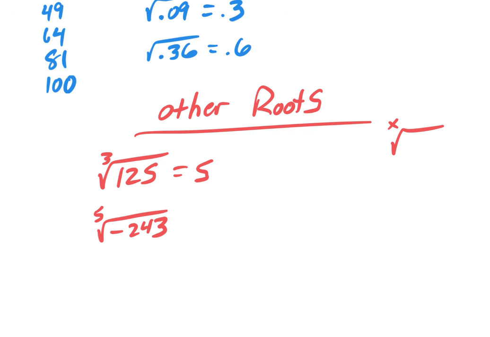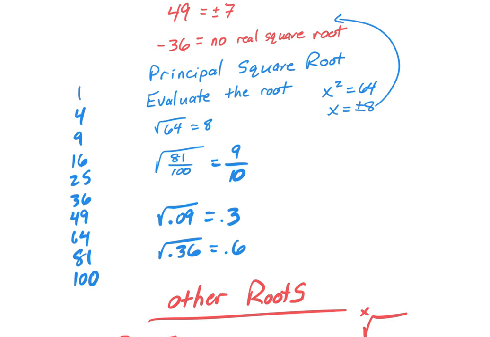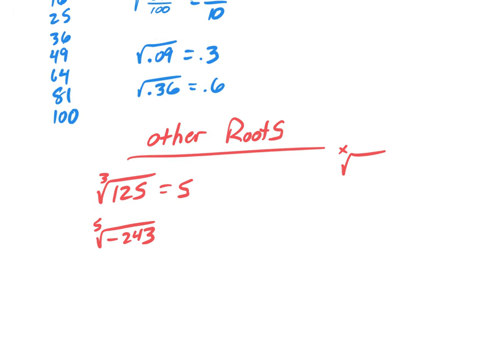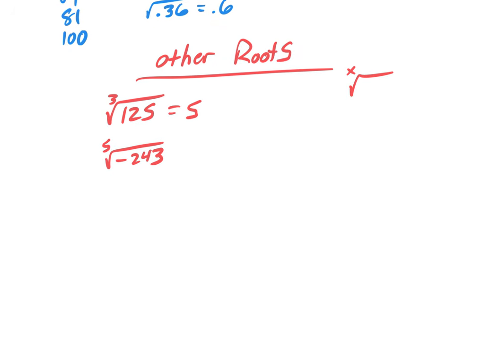Okay, here's something to point out. Just a second ago, up here, we said the square root of a negative, we can't do it. And that's true. What happens if I try to take the fifth root of negative 243? Try putting that one in your calculator.